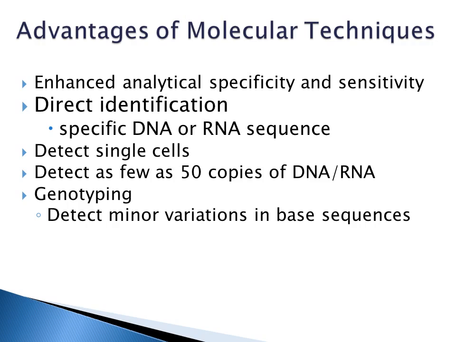You could detect as few as 50 copies of nucleic acid, and your genotyping will allow you to detect variations in base sequences, which is the mainstay of forensic testing, where you are looking at the variations in tandem repeats in certain loci of the DNA.